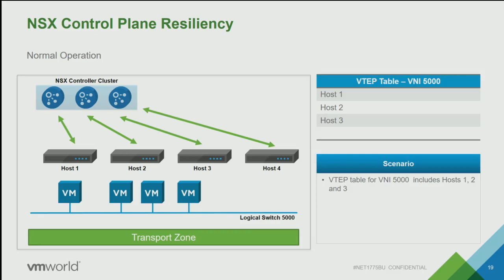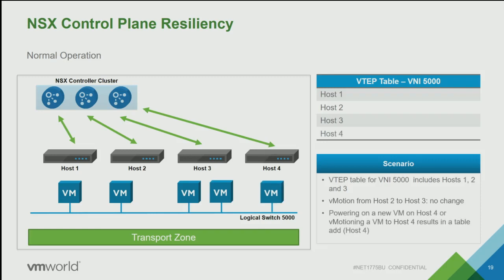So for control plane resiliency, and what we want to make sure is happening, this is a short version of our tables. We've got the VTEP table for a VNI, 5,000, over here on my right side. The VTEP table includes hosts 1, 2, and 3 because there are live VMs on those three hosts. Excellent. If I vMotion a VM over, that's no problem. It happens, no change in the VTEP table.